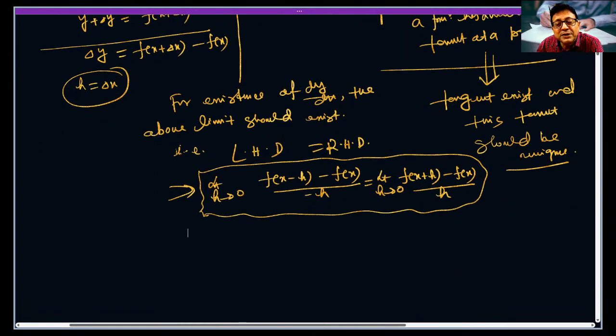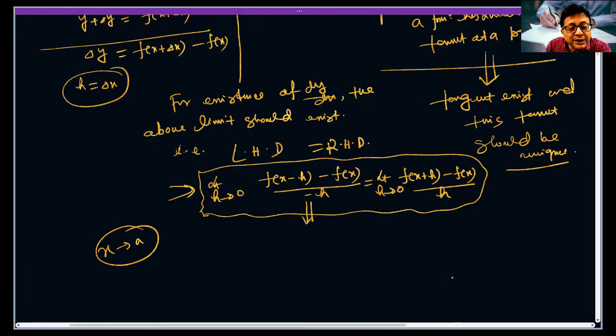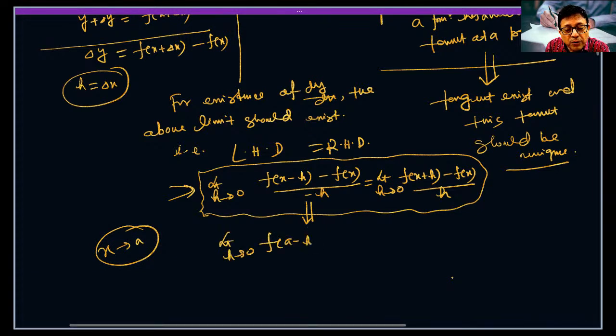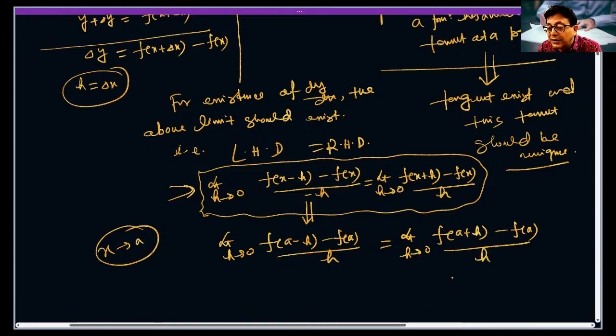Geometrically, as I showed you in previous classes, this represents the slope of tangent from the left side of the point x. The point may be a, so you replace x by a. Then limit h tending to 0 of f of a minus h minus f of a by h should equal limit of f of a plus h minus f of a by h.